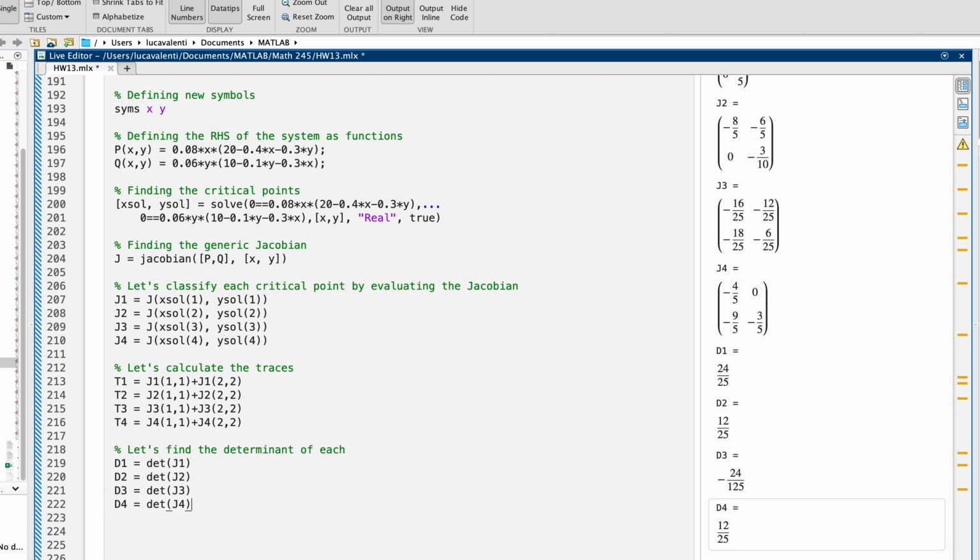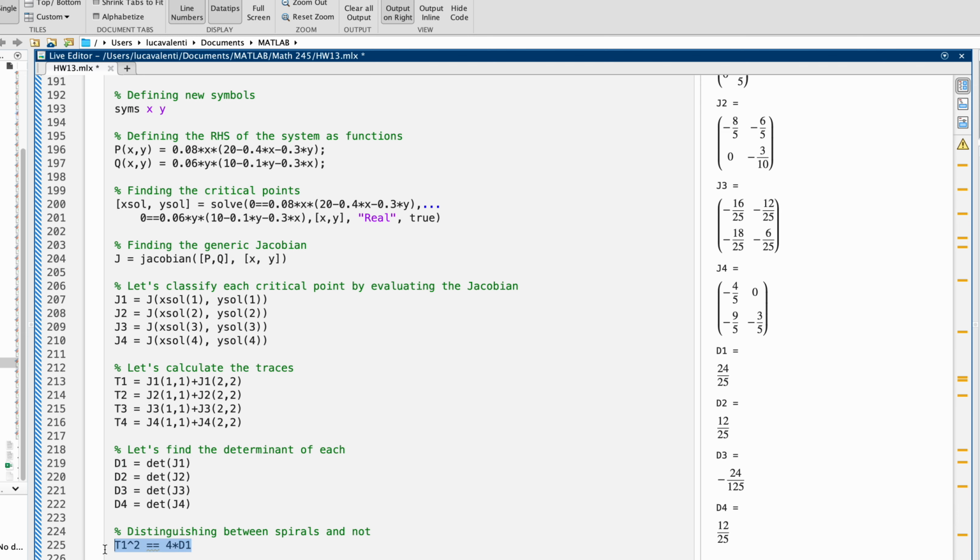So now that we have this, we can actually calculate distinguishing between spiral and not. And how do we do that? Well, we want to see if T1 squared is equal, less than, or more than 4 times D1.